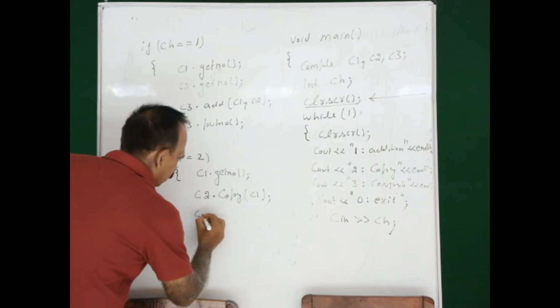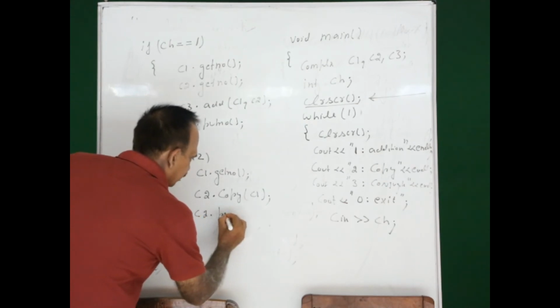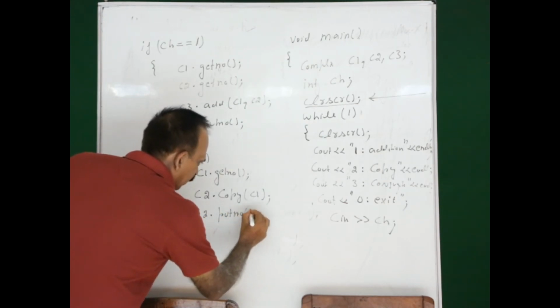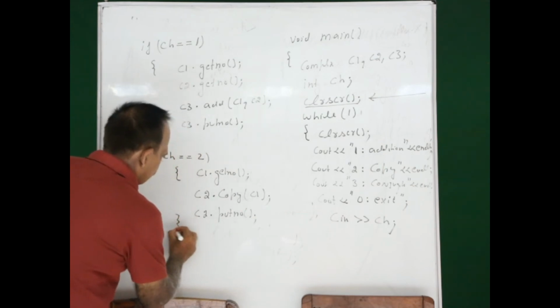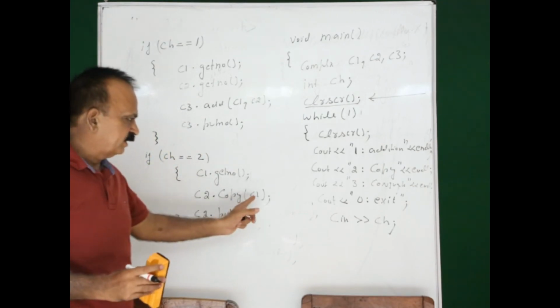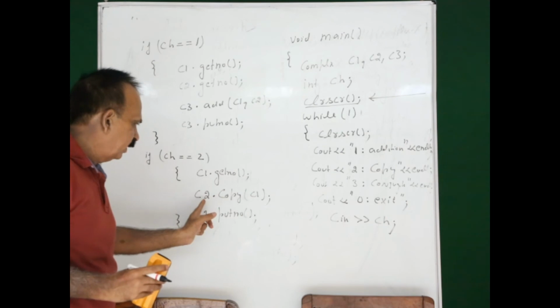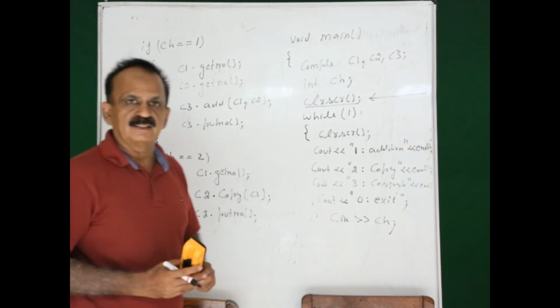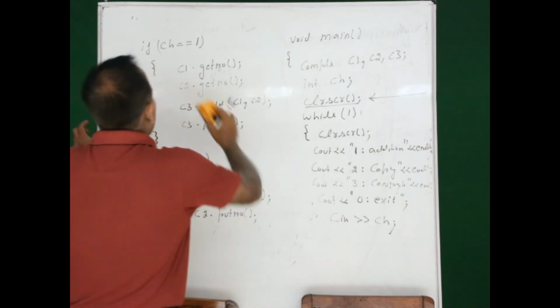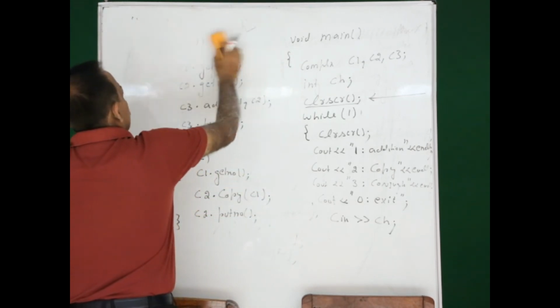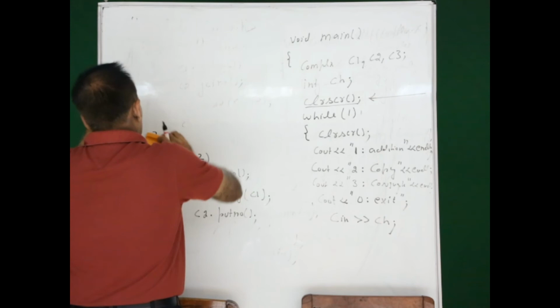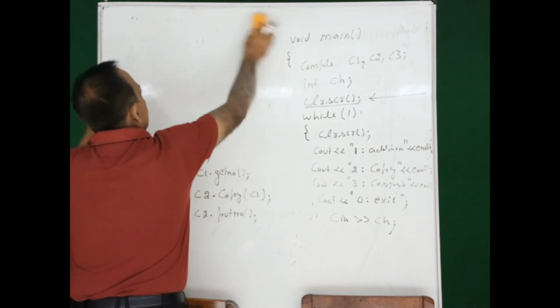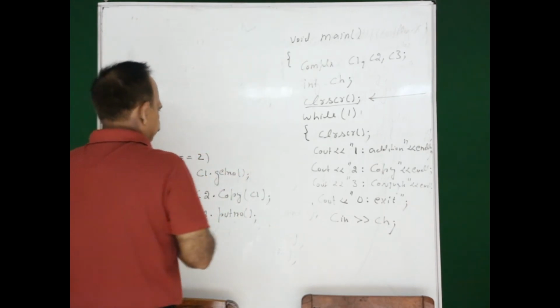How this is copied: in the logic I gave that the argument is to be copied into the calling object. Yes, this argument will be copied into the calling object, and I am printing the value of this calling object. Now the third option, and that option is the conjugate of the number.